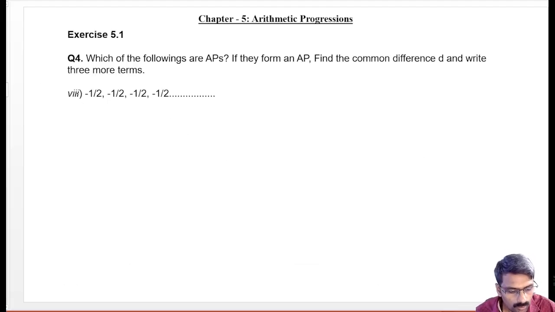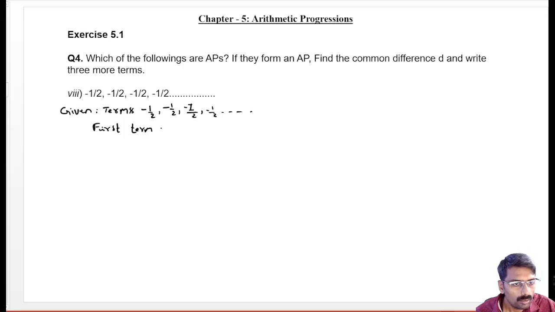Next sub-question number 8. So given terms minus 1 by 2, minus 1 by 2, minus 1 by 2, minus 1 by 2, and so on. So first term a is equal to minus 1 by 2.